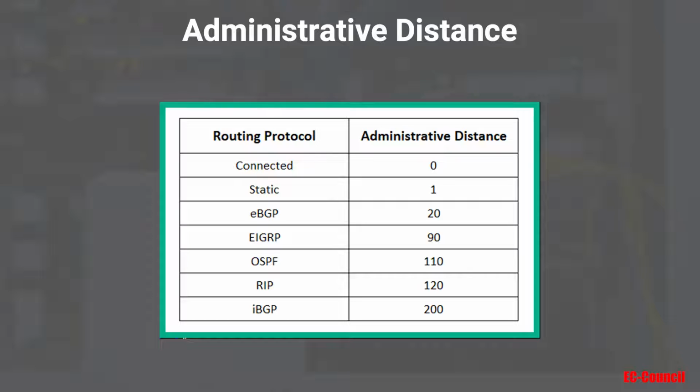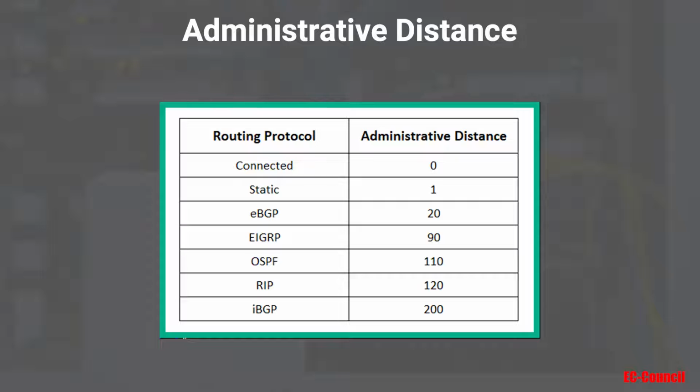A static route is normally installed manually by a network administrator or a network engineer and has an administrative distance of 1. eBGP has 20, EIGRP 90, OSPF 110, RIP, Routing Information Protocol, 120, and iBGP 200.